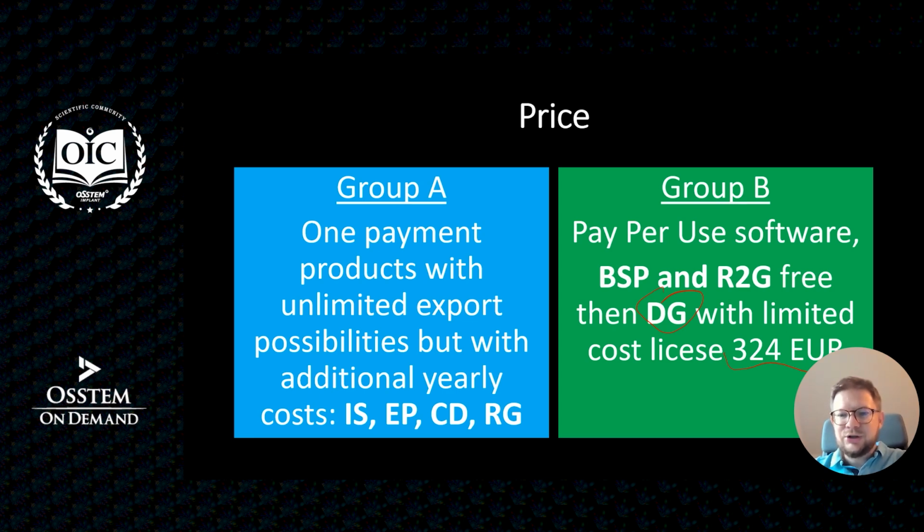In general, we can simply call Group A the expensive group of software, and Group B the less expensive group, because here we are paying only for the cases we are dealing with. So if we are a beginner clinician, that pay-per-use solution could be a better option.